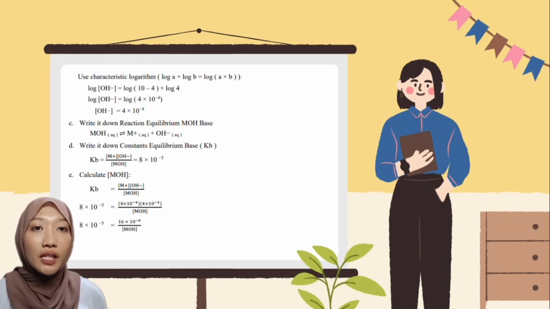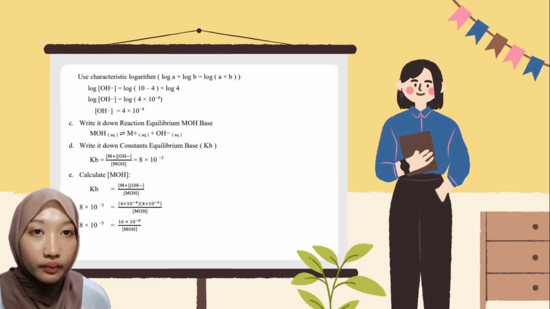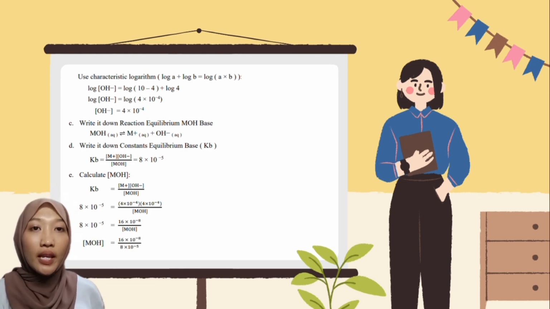divide concentration MOH. Next, 8 multiply 10 to the power of minus 5 equals 16 multiply 10 to the power of minus 8 divide concentration MOH. So concentration MOH equals 16 multiply 10 to the power of minus 8 divide 8 multiply 10 to the power of minus 5.